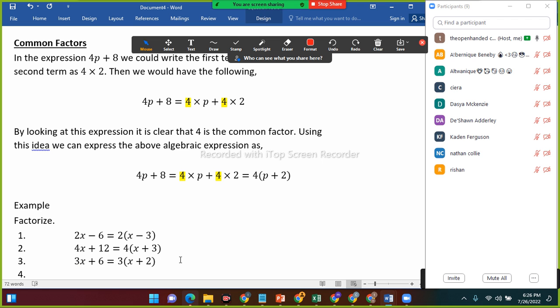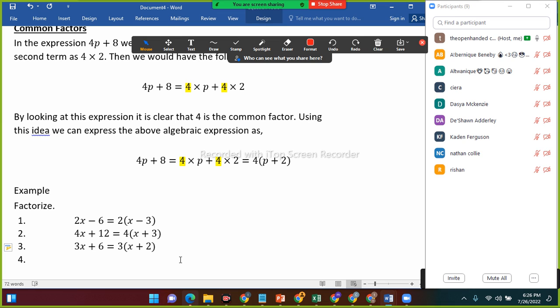All right. What was in this one again? Altunic. If we have 10x minus 5, what's the common factor, Altunic, of 10x and 5? Okay, I can work this out real quick.